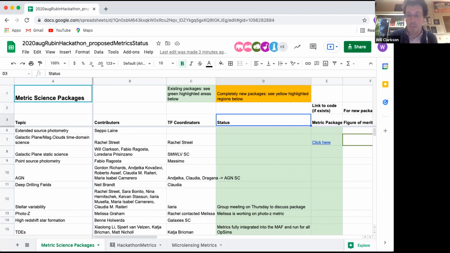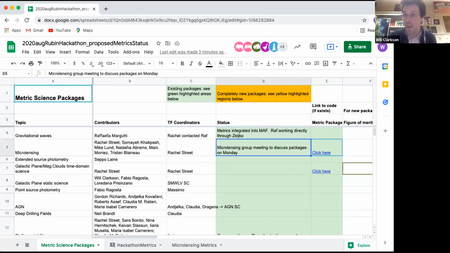And I would request that people who are working on metrics, please make sure that you update the status by the end of this week, ideally with today's date, so people know that you've updated it. And if you can, some indication as to how complete you think your work is. If you think you're near the finishing line, please indicate that. There's also a new column, also in green, for people that are working on existing metrics.